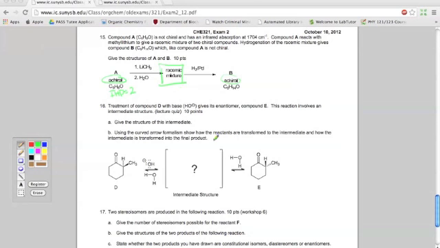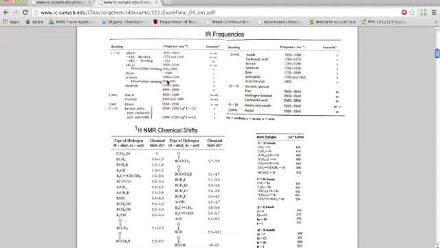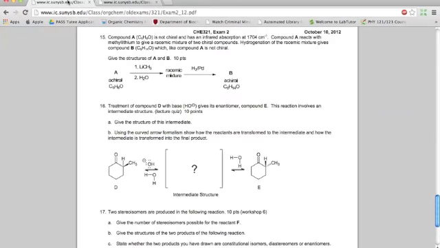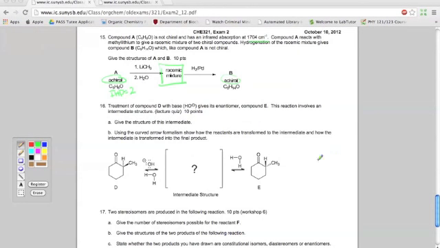So when we look into the IR spectra for 1704, okay, so that's going to be either a ketone or an aldehyde, because that is for a carbonyl.